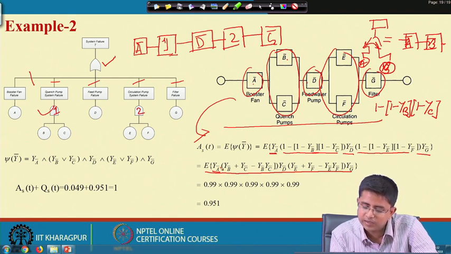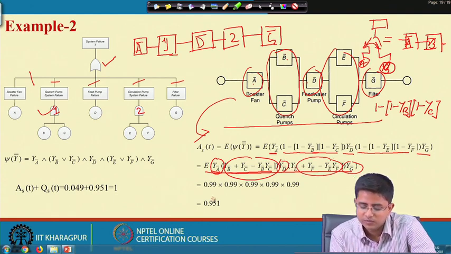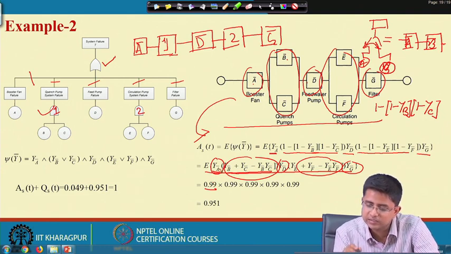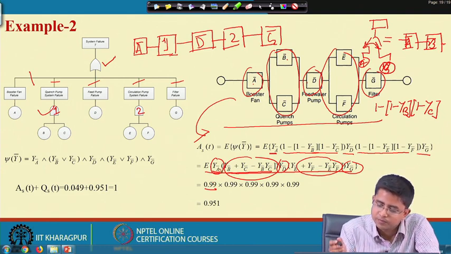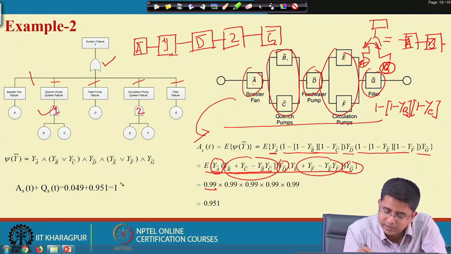As this is y a, this is y b, all the things are independent in nature, we can put the values that are given in the question, that y a bar is nothing but the probability of A bar. So, the probability of A is given as 0.01.